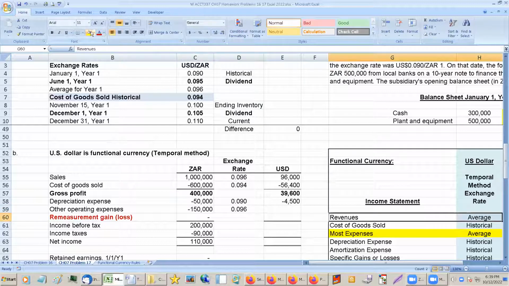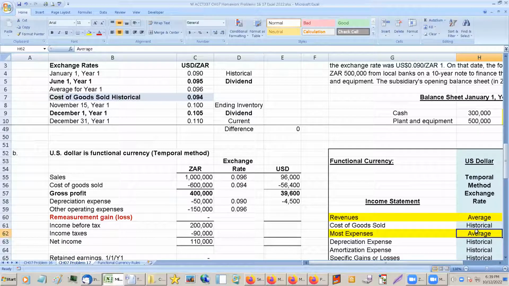So some expenses go in at cost, those that are linked to historical costs, for instance cost of goods sold and depreciation. Those are all based on historical amounts. They're not something that happens evenly throughout the year. Actually, it is possible that if the inventory is bought evenly throughout the year and it's not strikingly different, they can use the average for the historical, but anyway.